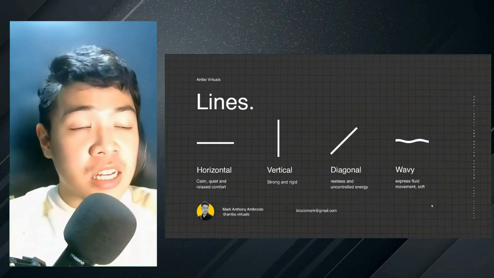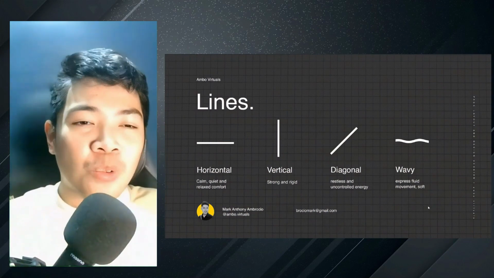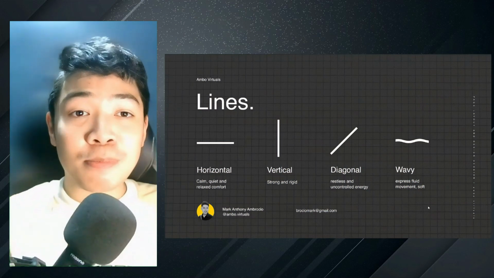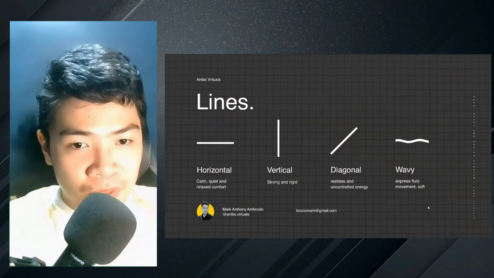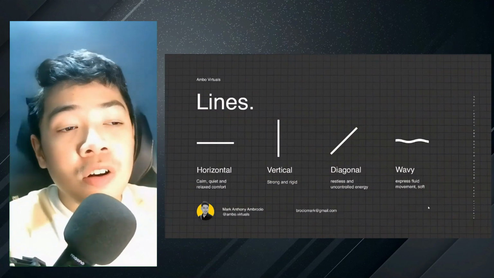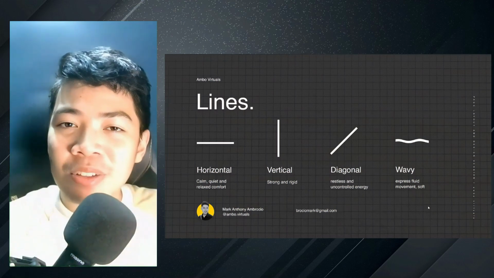And lastly, let's explore wavy lines. Wavy lines, they say, express fluid movement and softness. They mimic the gentle curves of flowing water or the graceful sway of tall grass in the wind.